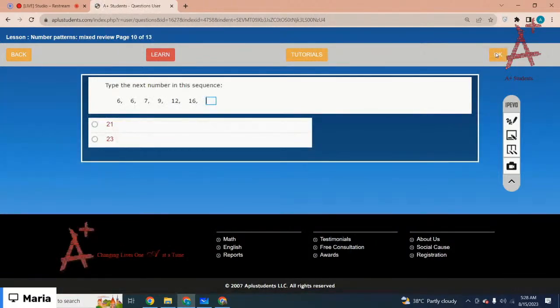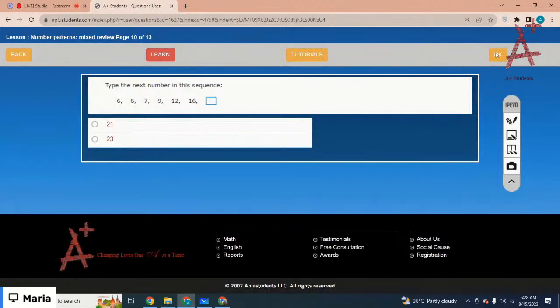Type the missing number in the sequence. So which is missing? The numbers are increasing by ones. 6 plus 0 is 6. 6 plus 1 is 7. 7 plus 2 is 9. 9 plus 3 is 12. 12 plus 4 is 16.